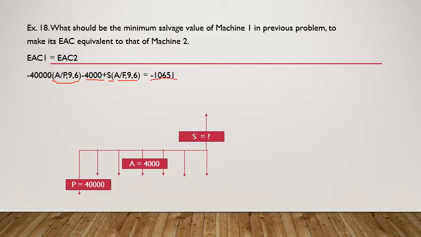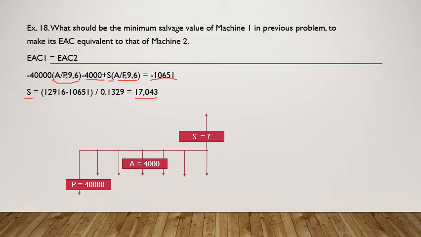Substitute that value here. Use the values from the factor tables, and I get S as 17,043. This must be the minimum salvage value of asset 1 or machine 1, so that its equivalent annual cost could be the same as that of machine 2.